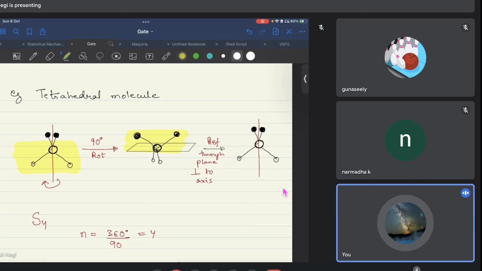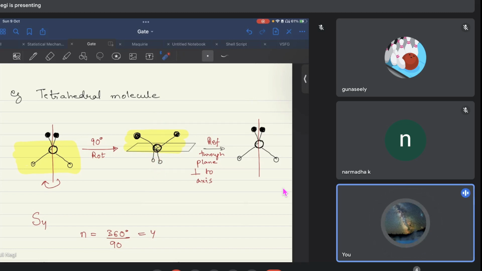These two black ones, and this atom will be on the yellow plane. But these two which were on the yellow plane, because the yellow plane is not at all rotated, these two white ones will move away from the yellow plane, and these will come here. So the rotational axis will be here. What I have done is only the 90 degree rotation.